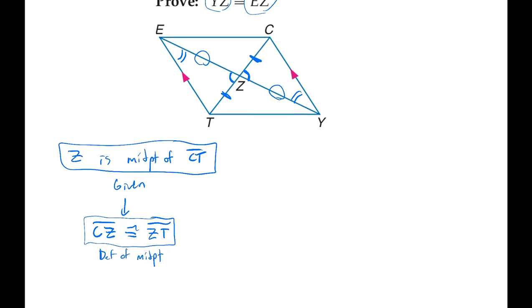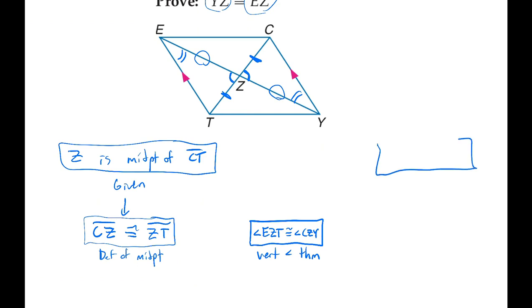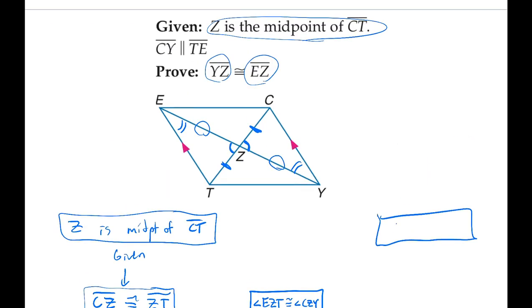What's another one? Well, another one is, and I'm going to put that down on the same layer here, I could say angle EZT is congruent to angle CZY. Okay, and that was the vertical angle theorem. Okay, and now what's that third part? That third part uses the parallel line. So let's start up here, and let's say we know CY is parallel to TE.